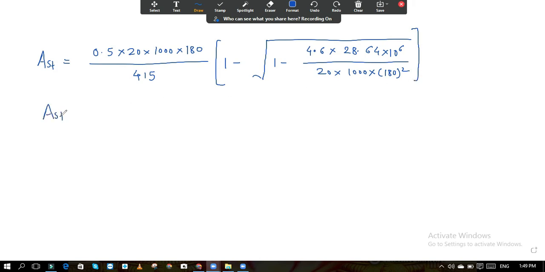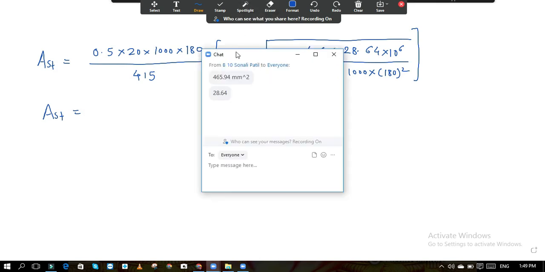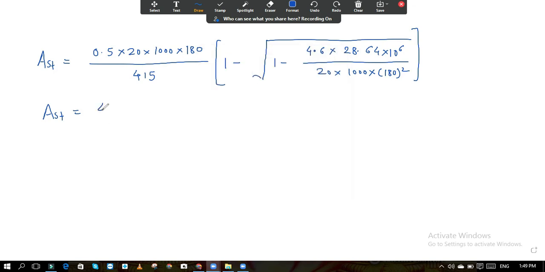Therefore, AST is equal to, if you solve this, you will get the value of AST as 465.94 mm square. This is the value of AST.